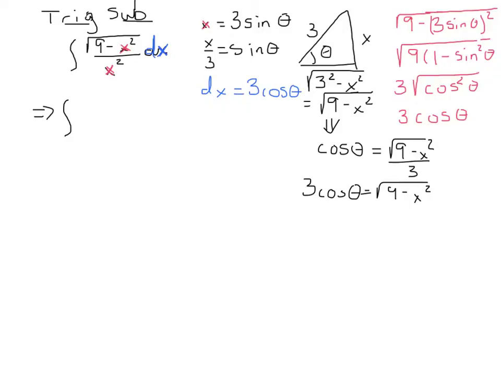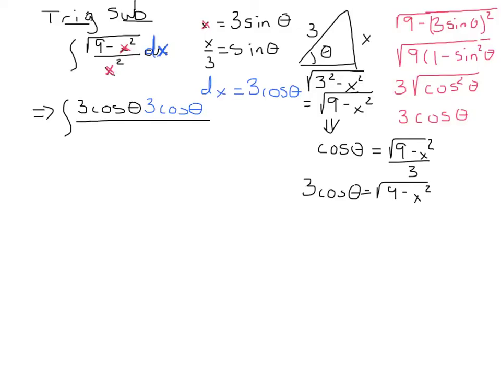All right, so now that we have that the square root of 9 minus x squared is 3 cosine theta, let's substitute it in. So the square root is 3 cosine of theta, and dx was 3 cosine theta, so let's put that in there. That's going to be in the numerator.